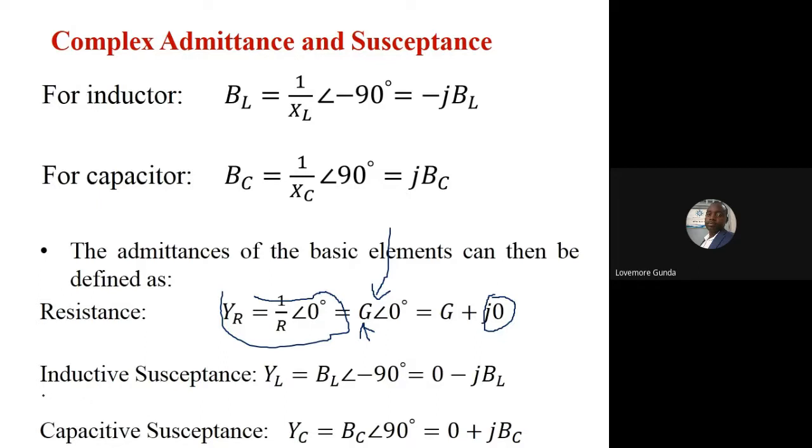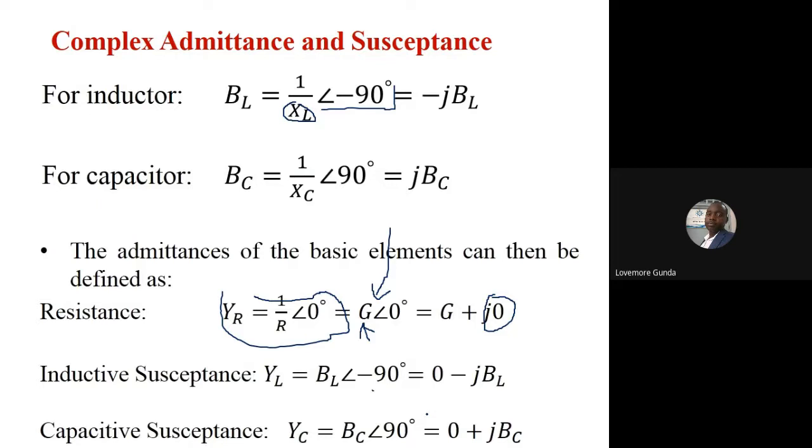Then inductive susceptance is now the inverse of reactance. So it's 1 over XL, and it will be at an angle of minus 90 because it's the inverse of that. That's 1 over that. Then capacitive susceptance becomes 1 over XC. It's now at an angle of 90 degrees because it's the inverse of capacitive reactance. Okay, so that is basically what we are looking at in this kind of situation.